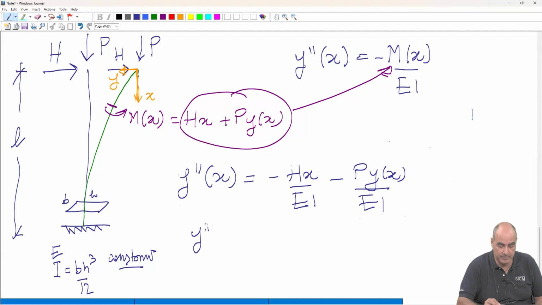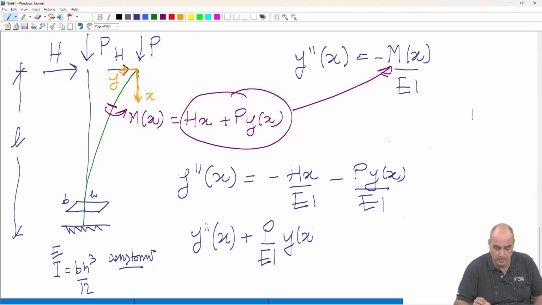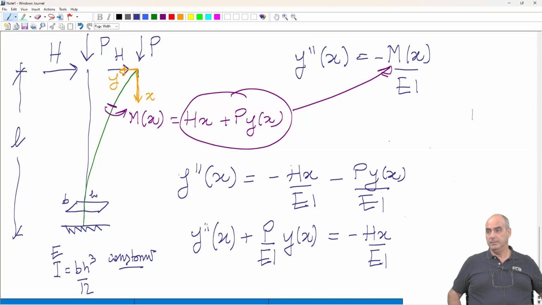Or if I use a little wisdom, the second derivative of y of x plus p over EJ times y of x equal to minus h x divided by EJ.